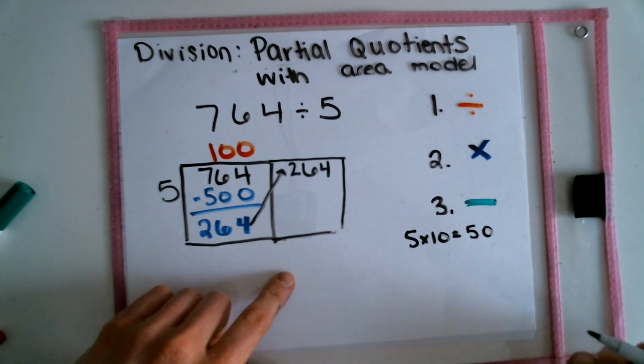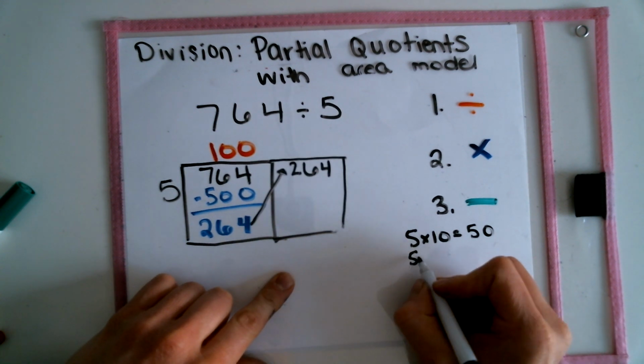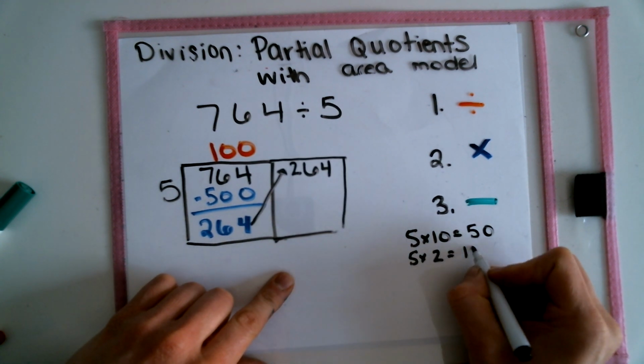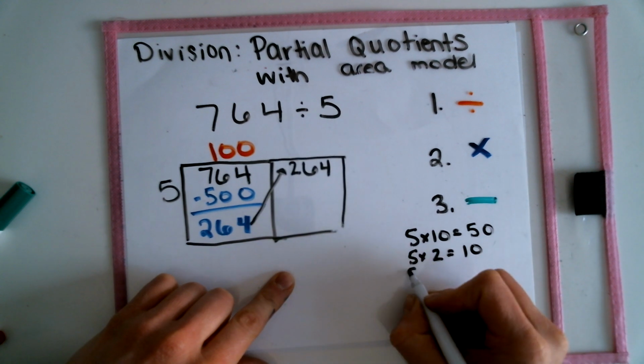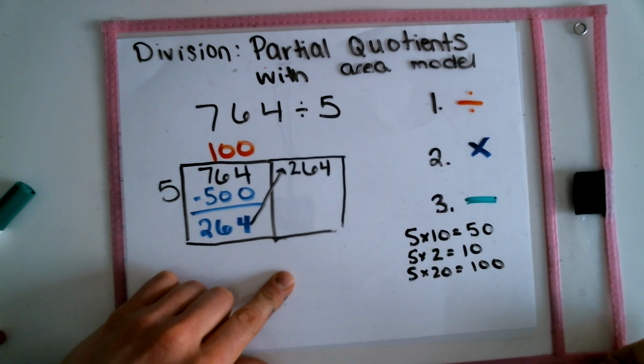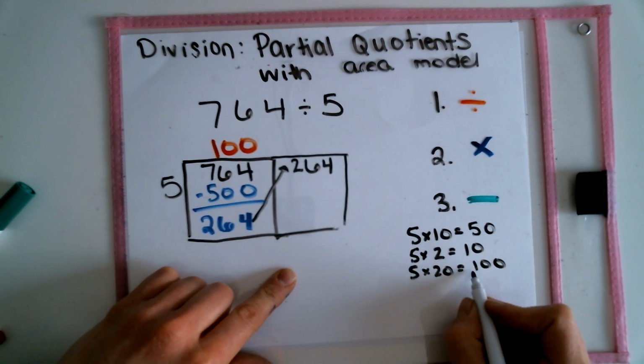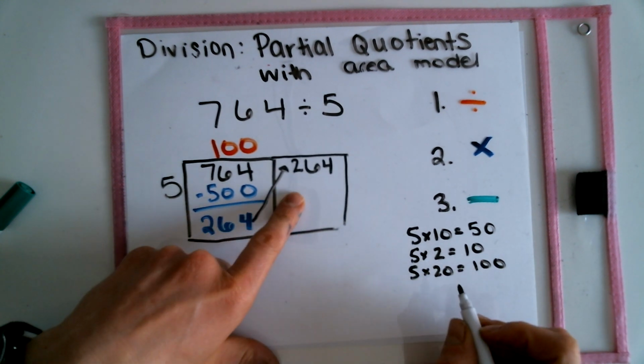So let's start thinking about some of our math facts. 5 times 2 is 10. So 5 times 20 is equal to 100. What could I do? Could I get 5 to get into 200?